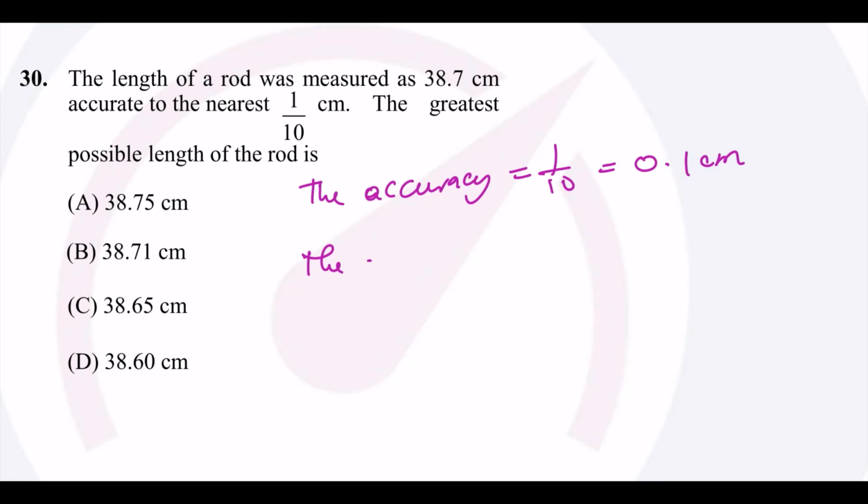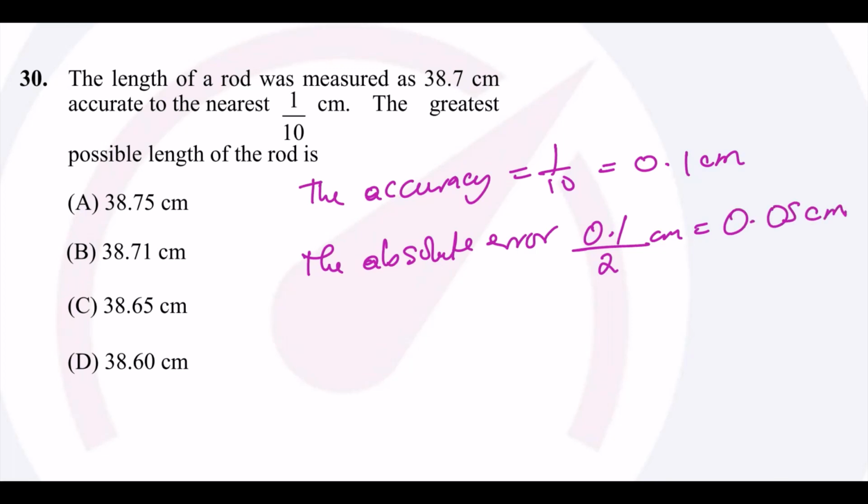The absolute error is going to be, normally we divide the accuracy by 2, so we have 0.1 divided by 2, and that gives me 0.05 centimeter. That's the absolute error.